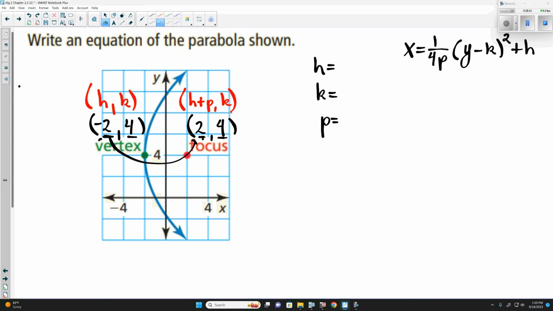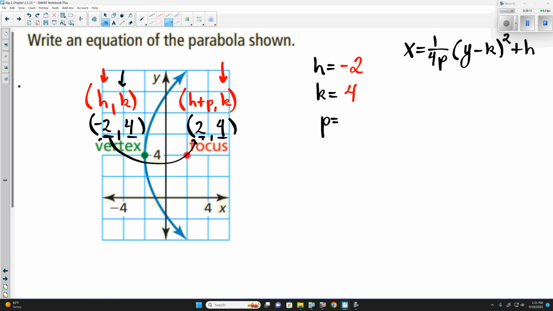Because the vertex tells us h is -2. The k value in this case is what? 4. And if we look over at the focus, it does agree. K is indeed 4. So we're using the vertex, h and k.